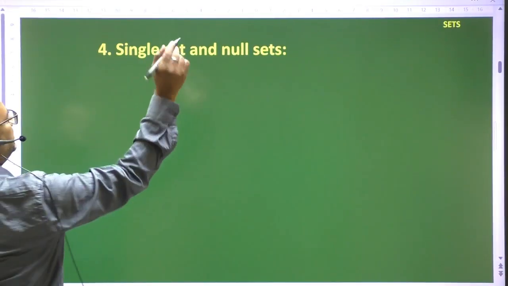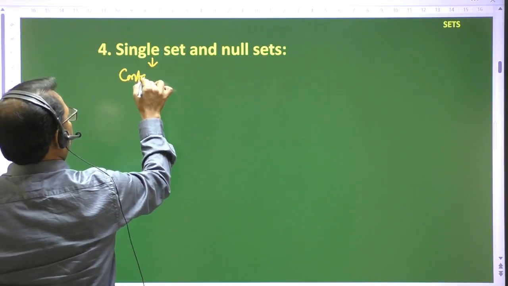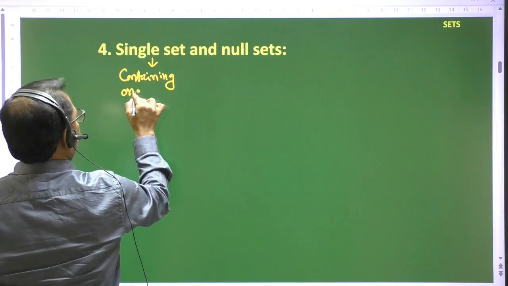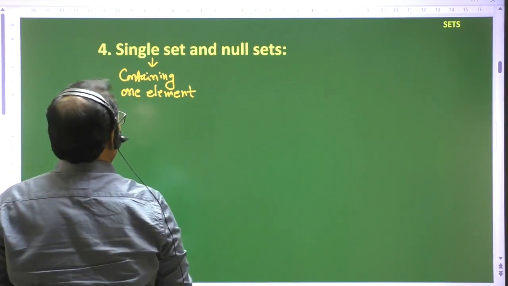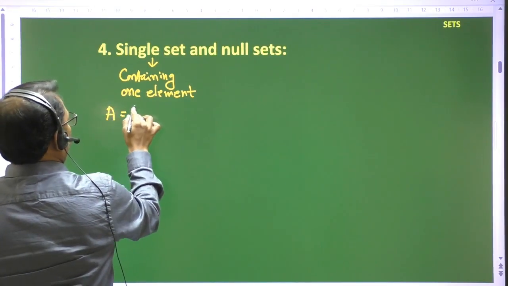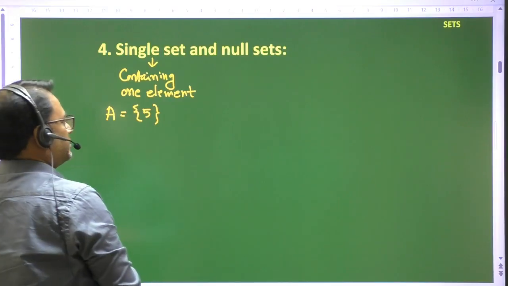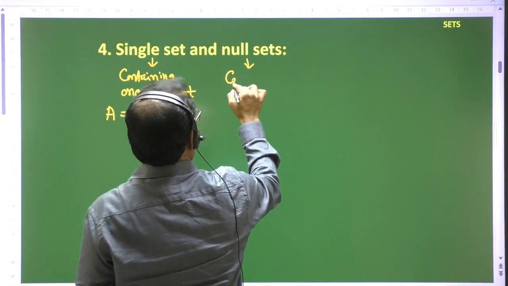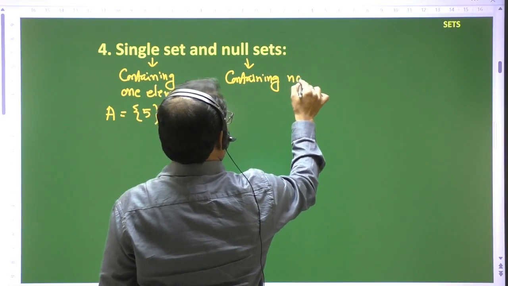Now next is singleton set and null set. What is a singleton set? A set containing one element is called a singleton set. For example, if I have a set A which contains, suppose, the number 5, it is a singleton set. What is a null set? A set containing no element.